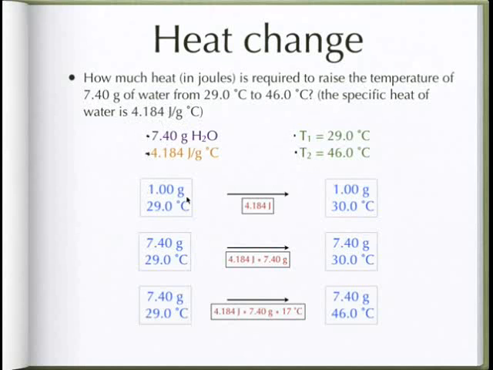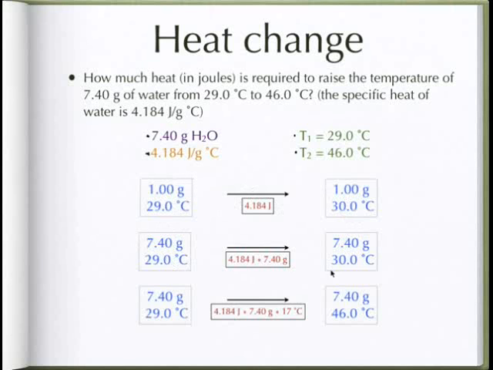We're going to take this step by step. Let's say we just have 1 gram of water, and we want to heat it 1 degree. The mass is staying the same; all that's changing is the temperature. So 1 gram of water heating up 1 degree requires 4.184 joules of energy. Now let's change the mass of the water from 1 to our desired 7.40 grams.